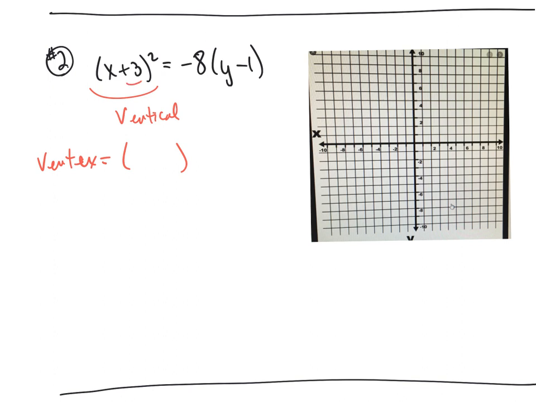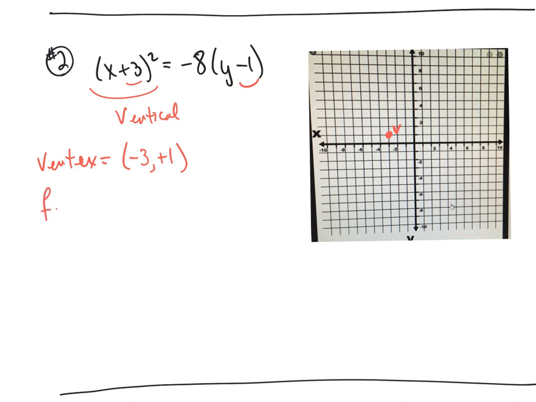So the x coordinate for the vertex is the opposite of positive 3, which is -3. And the y-coordinate for the vertex is the opposite of -1, which is positive 1. So the vertex is going to be located 3 to the left and up 1. So it's going to be located right about there. So I'm just going to put a V, small v in there, just to highlight that.